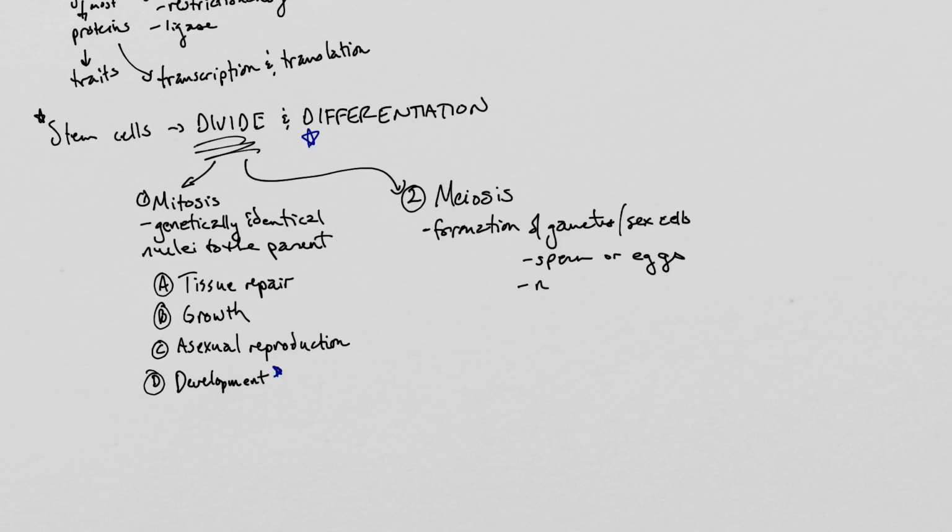So their chromosome number is N, which means that they only have one of each chromosome. And this is important because you want them to combine with a cell that also has one of each. So you have N plus N, which is 2N, and that's what all of these mitosis cells are.